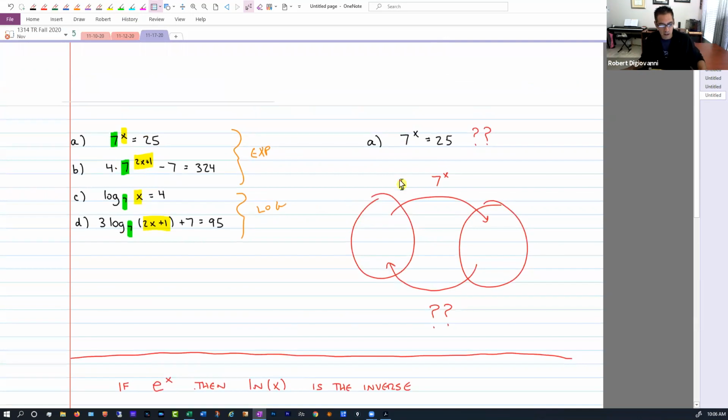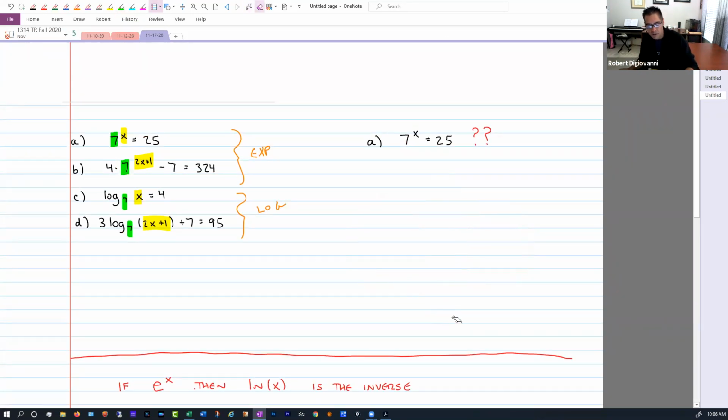Back here, how do we solve this equation? It makes sense that if we know that the inverse of this is log base 7, then we should just do log base 7 of 7 to the x on the left and log base 7 of 25 on the right. Does that make sense?